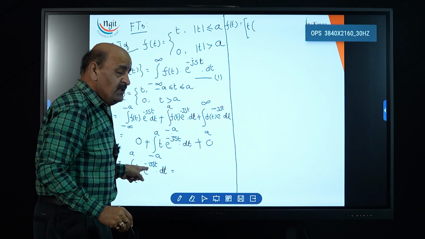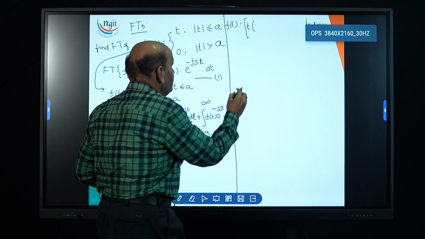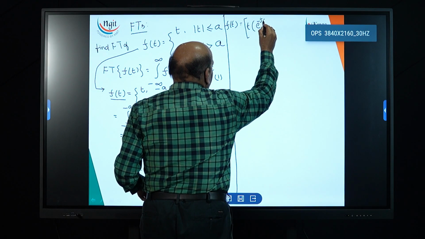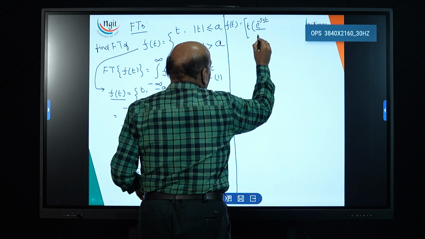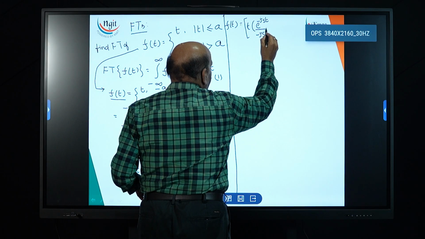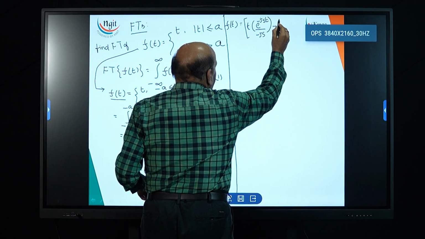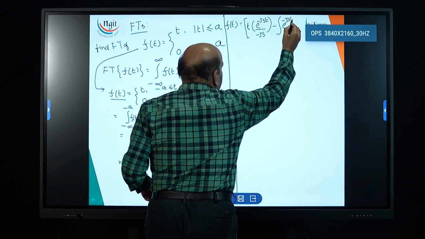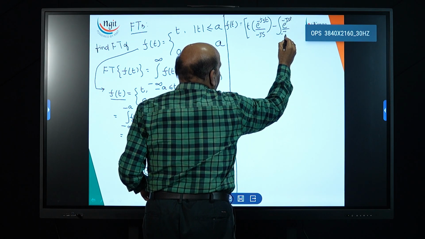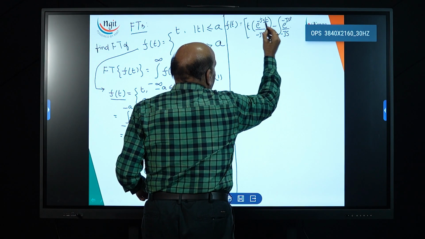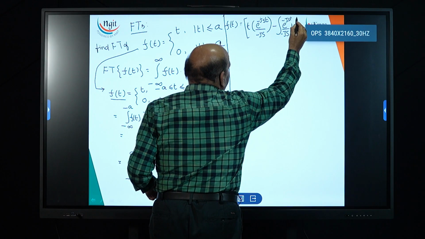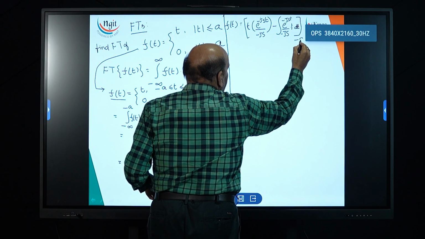What is that value? E power minus jst by the constant minus js, minus the integral of e power minus jst by minus js into the differentiation of t with respect to t, between the limits minus a to a.